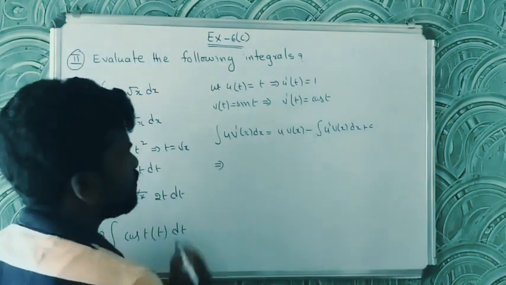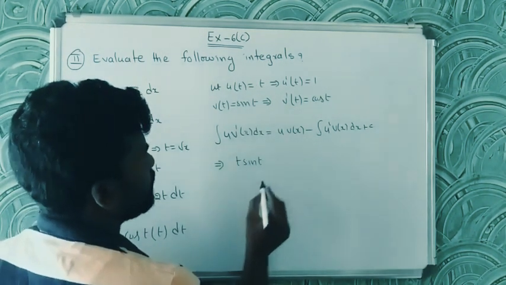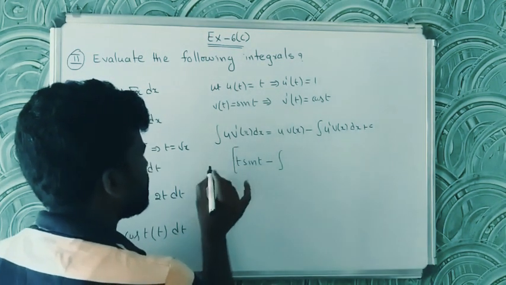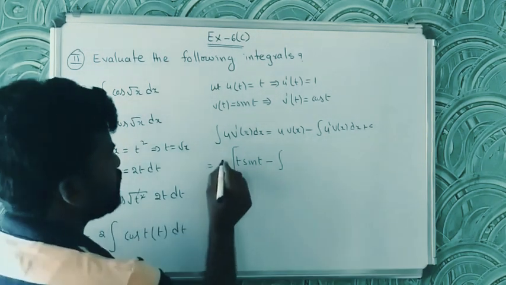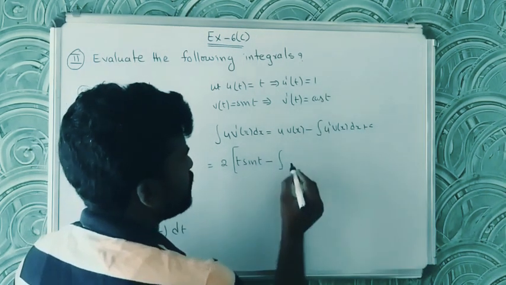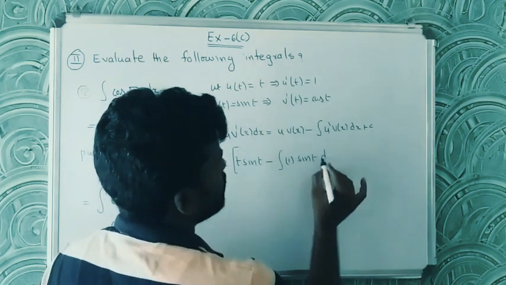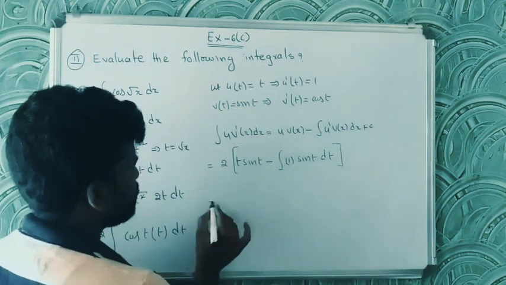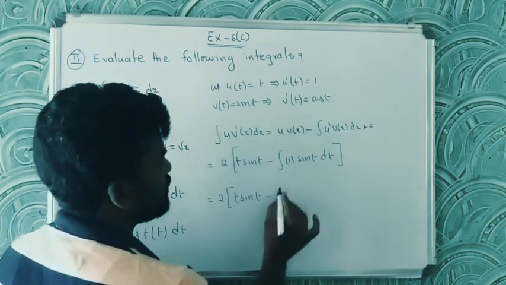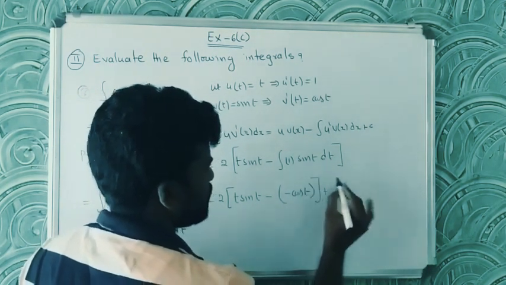So let us convert the formula. u v of x means t into sin t minus integration of u dash of t, which is 1, into v of t, which is sin t, into dt. In front we have the term 2. So 2 into t sin t minus integration of sin t, which is cos t, plus c.